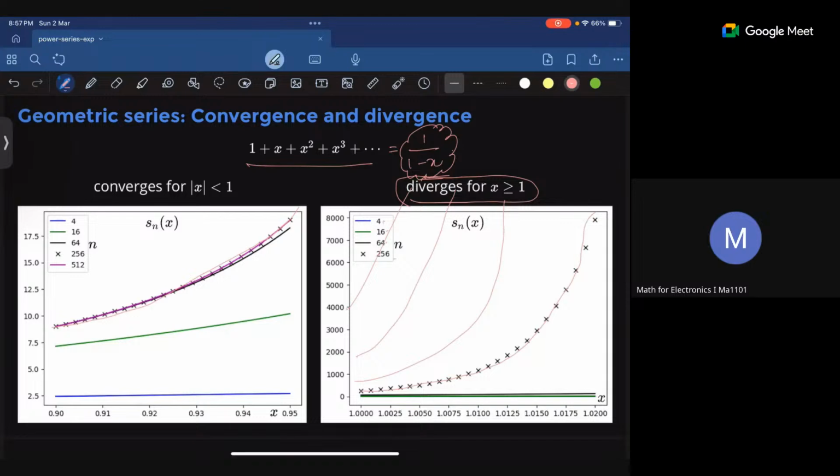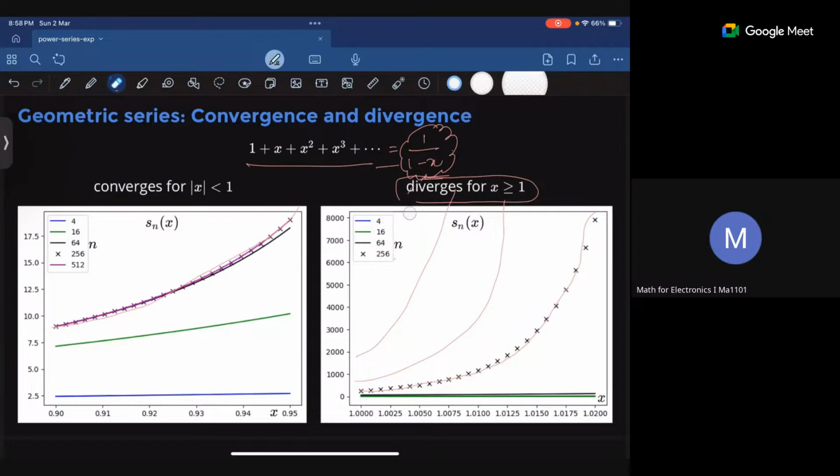It will not stop, it will not converge to a fixed function. It will keep on changing. And at last, even for x equal to 1, when n is infinite, you will have 1 plus 1 plus 1 plus and so on to infinity. So it will be like a flat line at infinity.